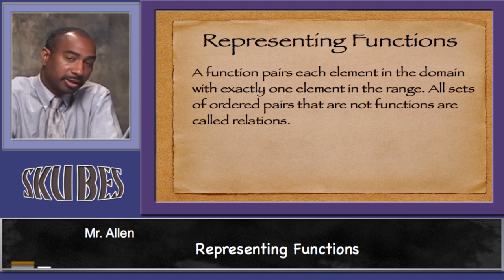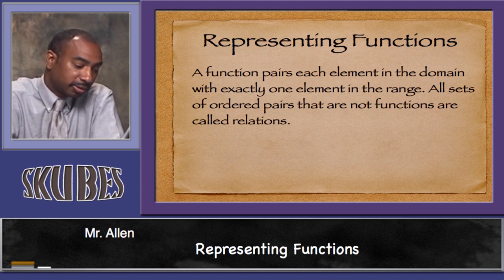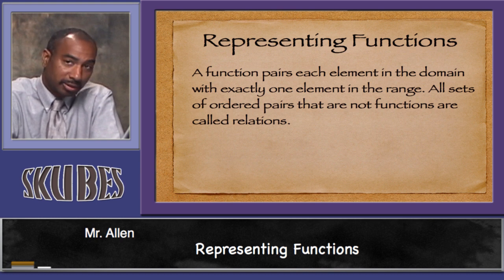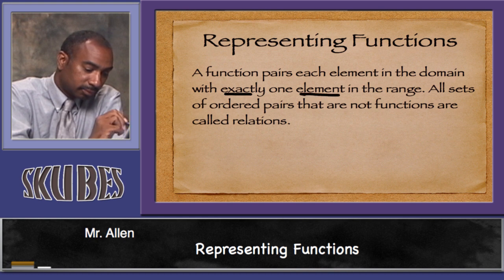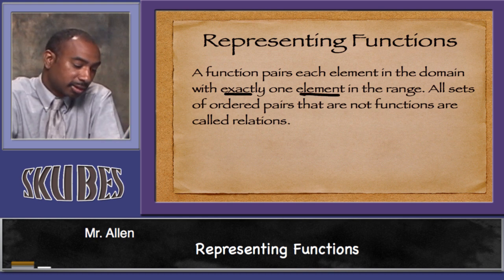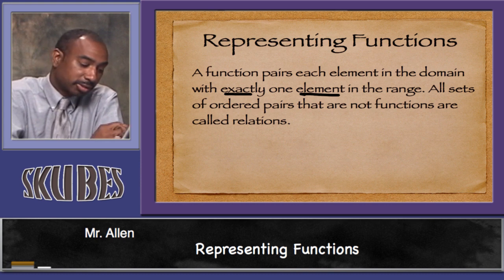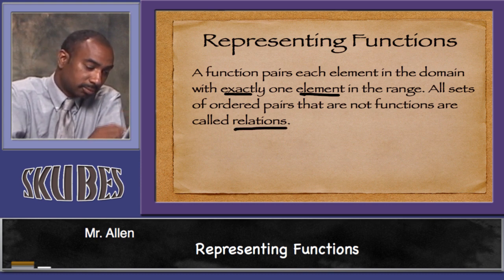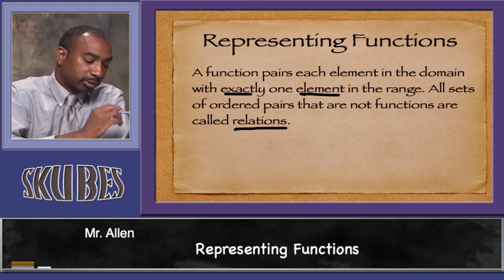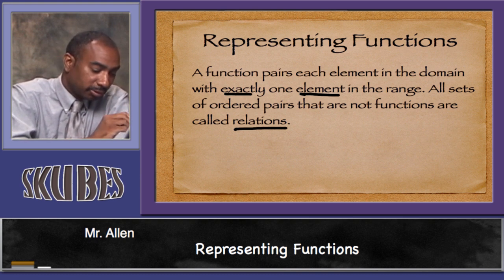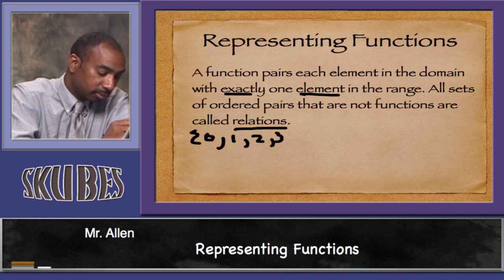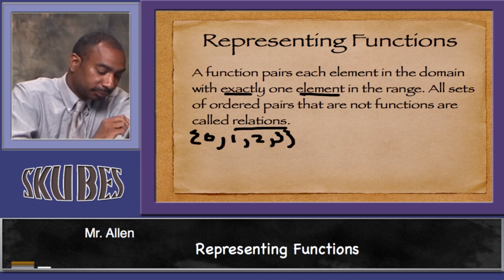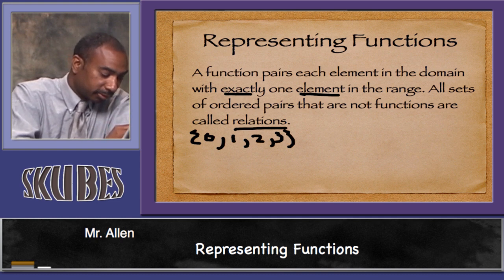A function pairs each element in the domain with exactly one element in the range. All sets of ordered pairs that are not functions are called relations. So for example, the function I used has the set 0, 1, 2, and 3, and it paired up with the other.